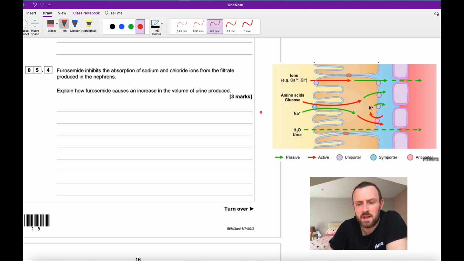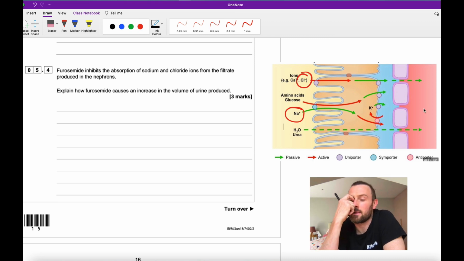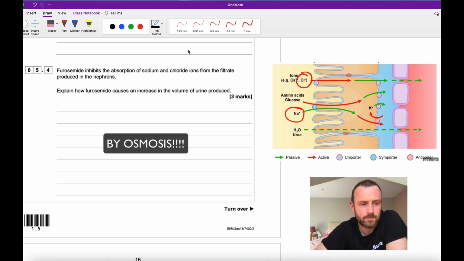If you inhibit the absorption of these ions from the lumen into the blood plasma, then there's going to be a lower concentration of sodium and chloride ions in the blood plasma in the nephron capillaries, and therefore a higher water potential. There'll be less of a water potential gradient, so less water will be reabsorbed from the glomerular filtrate. That's what we need to say.